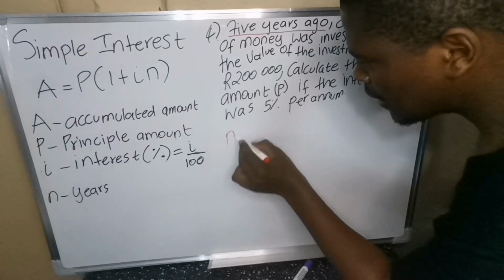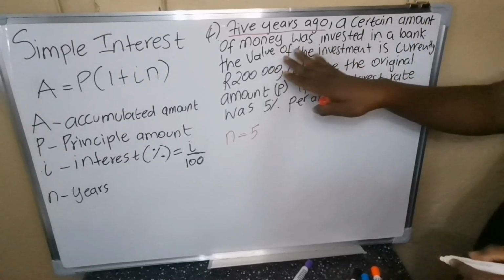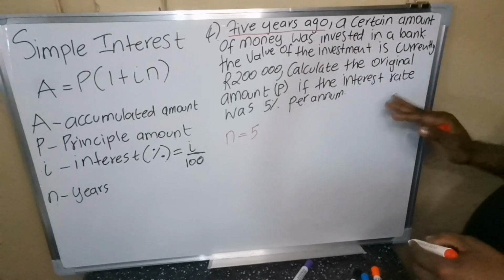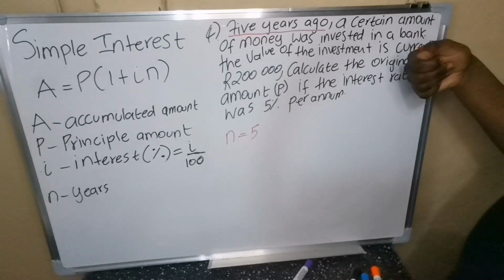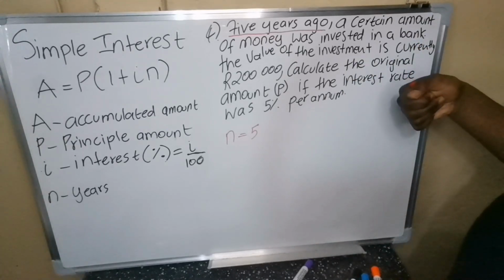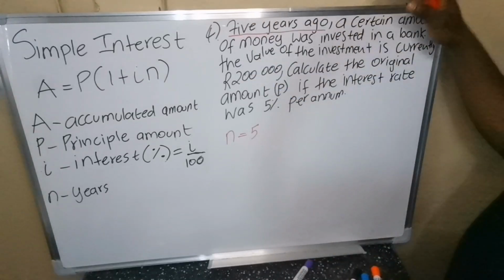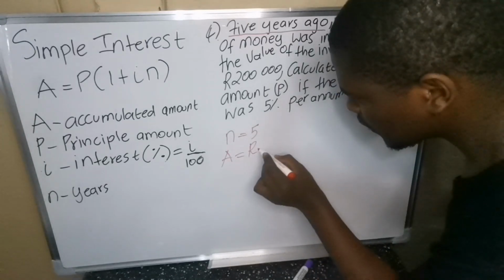5 years ago. 5. A certain amount of money was invested in a bank. The value of the investment is currently 200,000 rand. Which means for the past 5 years, we have accumulated 200,000 rand from this investment, which is the value of A, which is 200,000 rand.